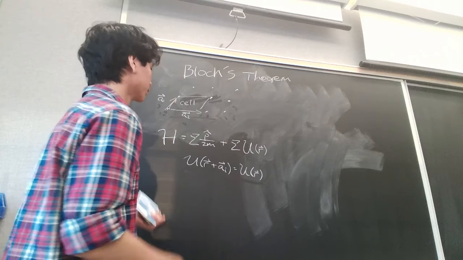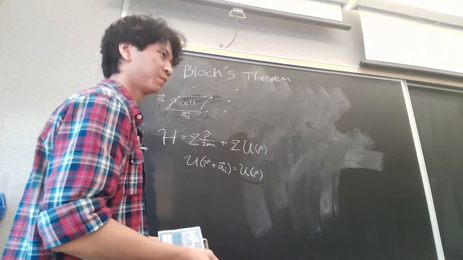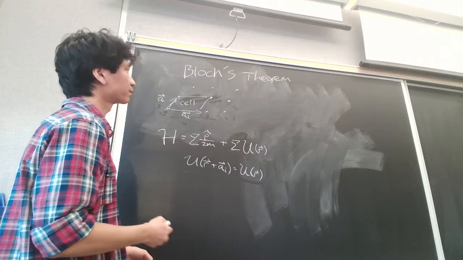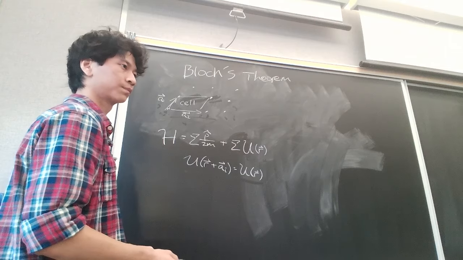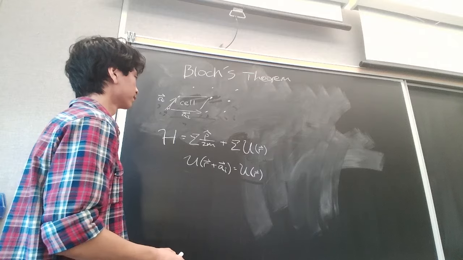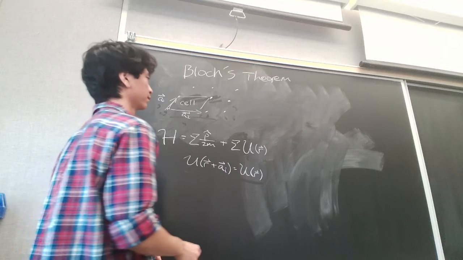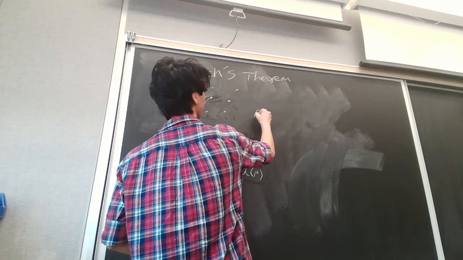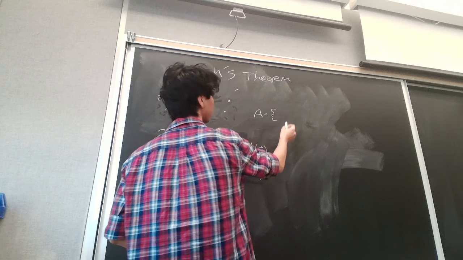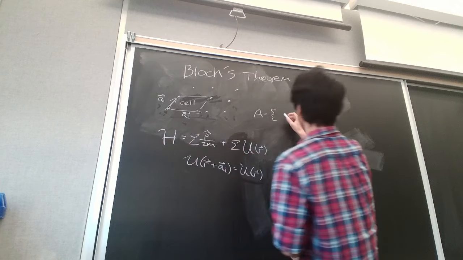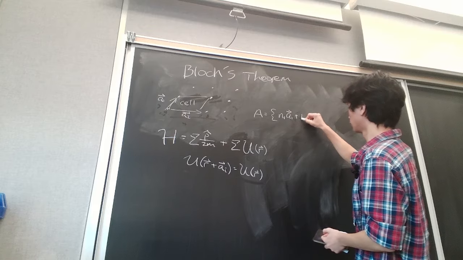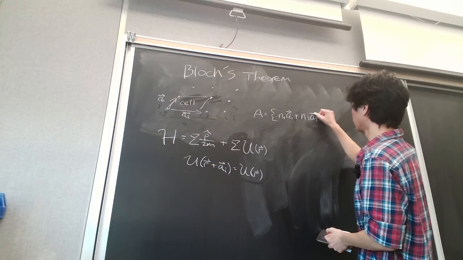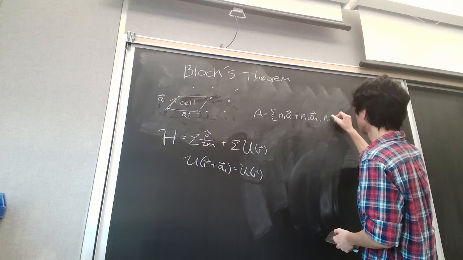First of all, we have some lattice, and any point on the lattice can be written as N A1 plus M A2, where N and M are integers. That's good. Then we assume that the potential is periodic.